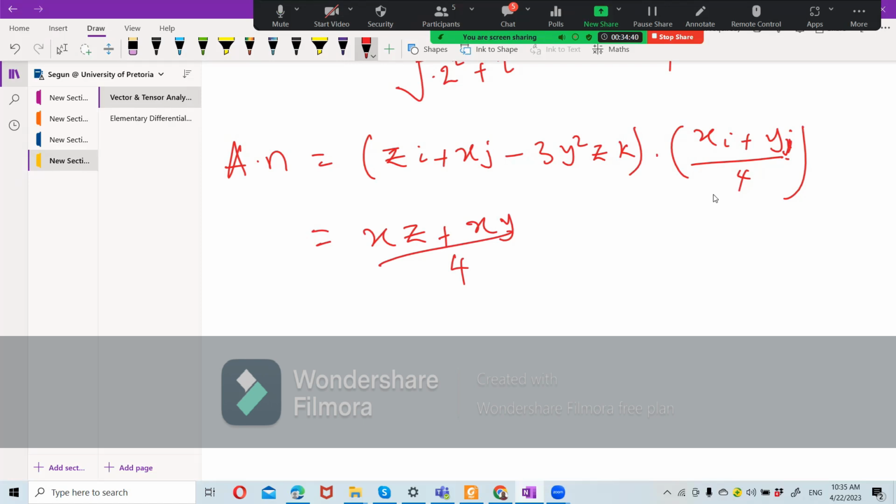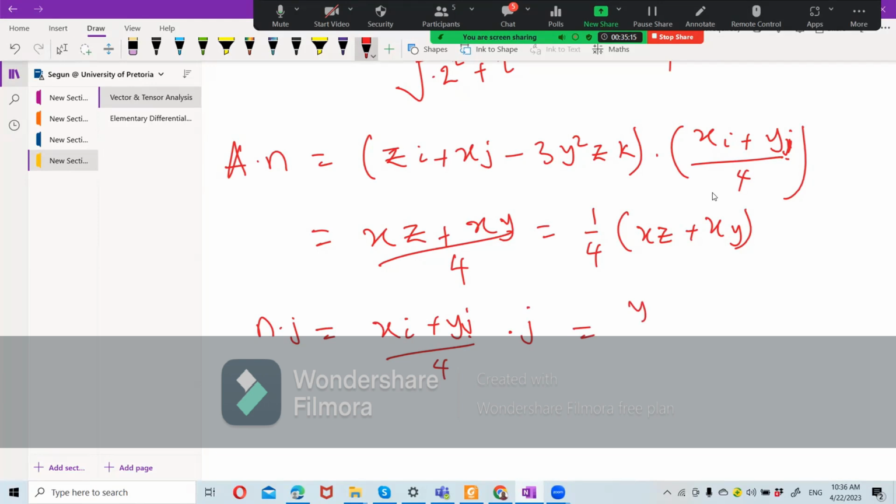Everything over 4, which is the same thing as 1 over 4 in brackets xz plus xy. So what about when we calculate n dot j? What do we have? Remember, you have it to be xi plus yj over 4 dot j. So at the end of the day, you have it to be what? y over 4. Do you agree with me?